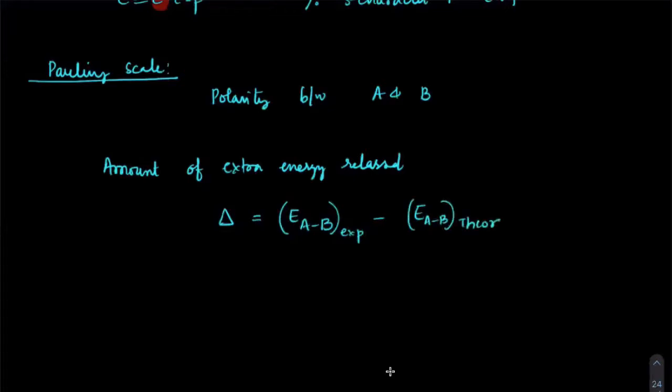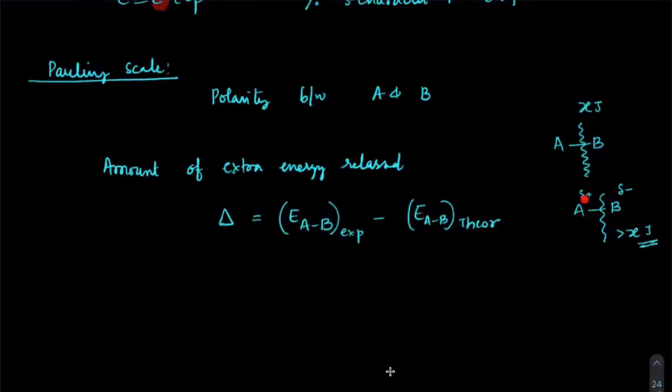Understand this. If you have AB, and suppose there is no polarity between them, and the amount of energy required to break this is X joules. If at all there is any polarity developed, suppose this got some delta positive and this got some delta negative, then the energy required here will always be greater than X joules, because when there is polarity between two atoms, they have positive and negative charge.